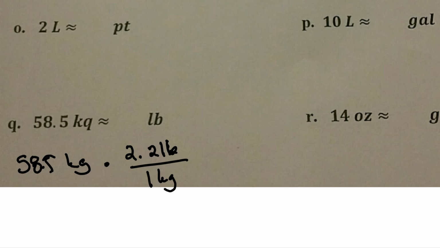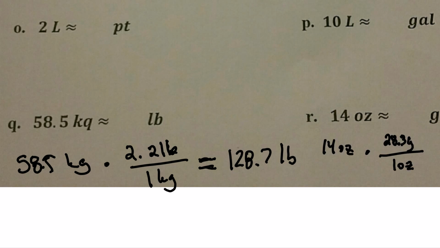So I do 58.5 times 2.2. I end up with 128.7 pounds. About. Remember, it's not exact. 14 ounces to grams. So I'm going ounces to grams. So ounces on the bottom. 28.3 grams per every 1 ounce. I end up with 396.2 grams.